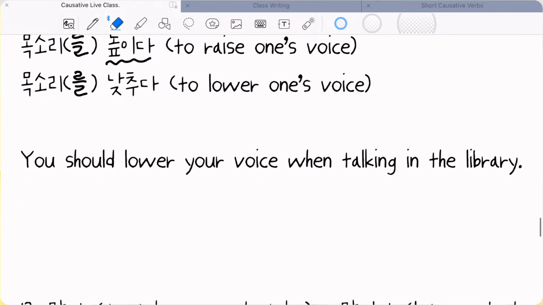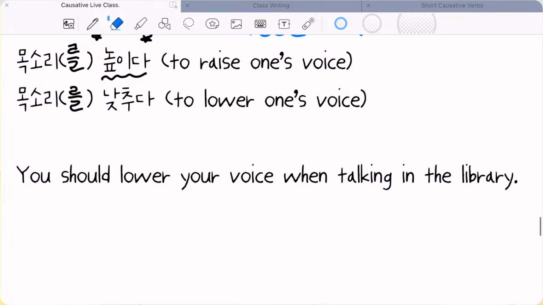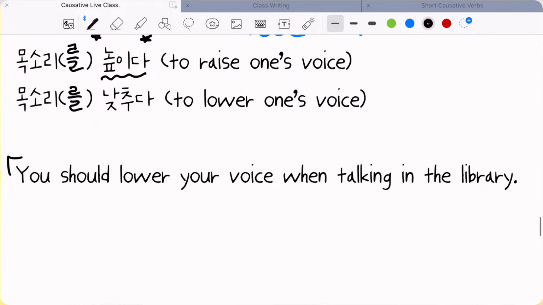How would you say you should lower your voice when talking in the library? So this is not a difficult sentence to translate at all, guys, especially if you're at a high beginner or intermediate level. This is a piece of cake, right? 그래서 여러분의 답변을 기다리겠습니다. 여러분의 답변을 기대할게요.